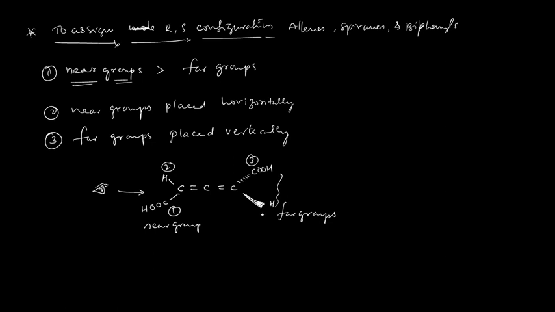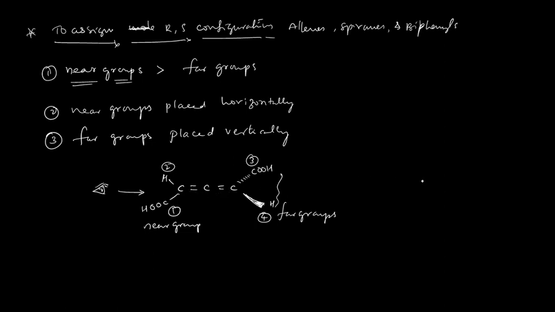Okay, now it is 4. After assigning priority, first you write this molecule in Fischer projection formula. Assume all these are in one line.